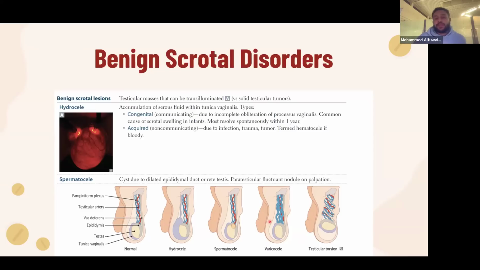What if it's sudden onset? What do you suspect? RCC. Good. Severe testicular pain with high riding testes and tenderness. Torsion. Good.